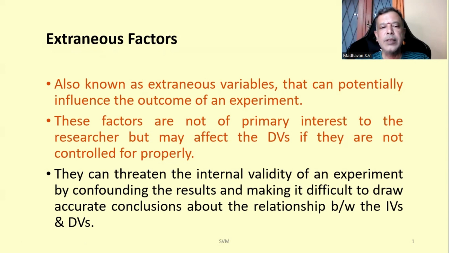That confidence will be under threat if these extraneous factors are not controlled properly. So they can threaten the internal validity of an experiment by confounding the results and making it difficult to draw accurate conclusions about the relationship between the independent variables and dependent variables.